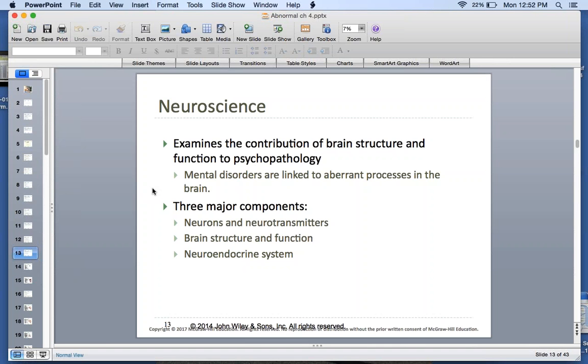Mental disorders are linked to aberrant processes in the brain. Okay? Three components here. We look at neurons and neurotransmitters. We look at brain structure and function. And we look at the neuroendocrine system. Okay, we're going to briefly touch on each of these.